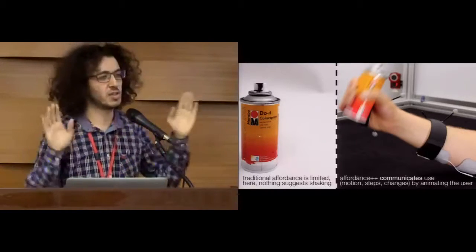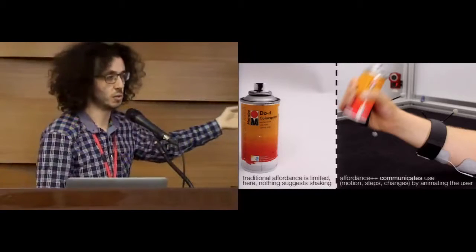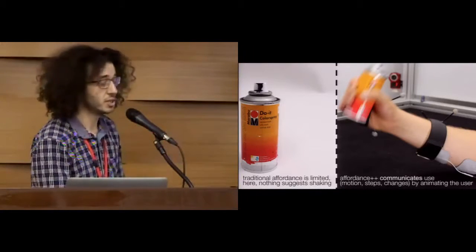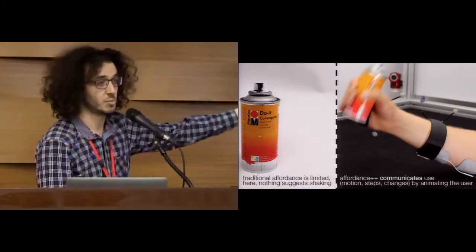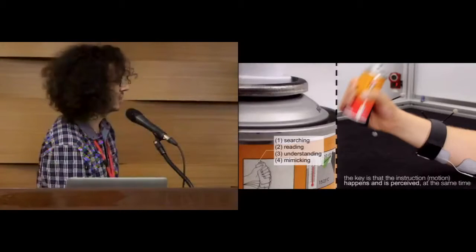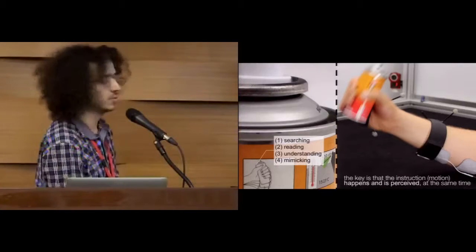All right, so let's put things a little bit into perspective. Just for a moment, I'm going to call this traditional affordance. It is limited, as we saw, in depicting time, and here nothing really suggests shaking. On the other hand, with Affordance++, it suggests shaking because the can tells you to shake. Now, what I find really interesting about this is that in traditional affordance, the understanding of the shaking comes in the following form.